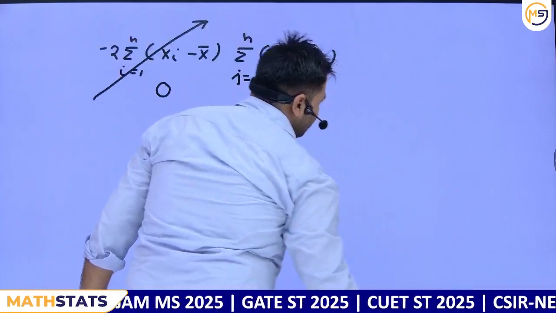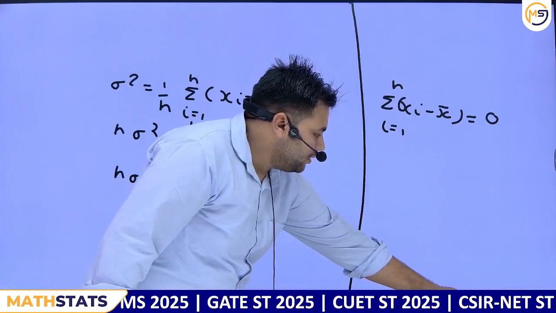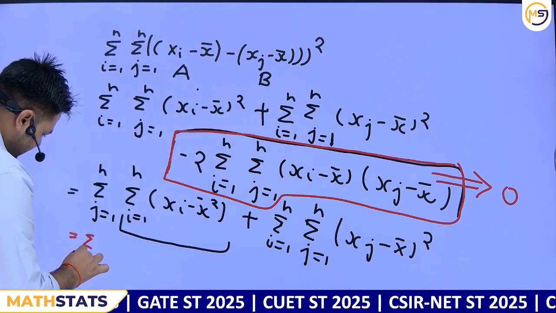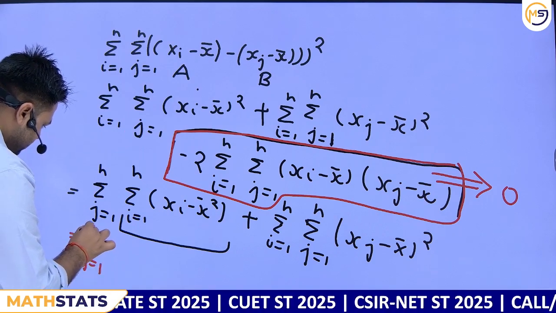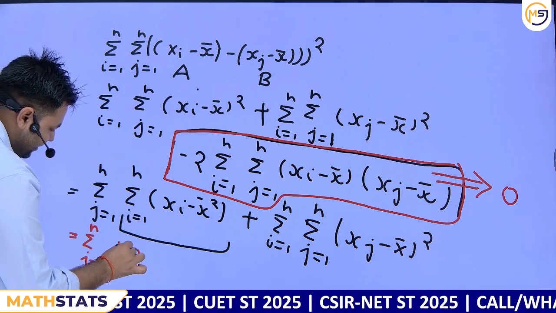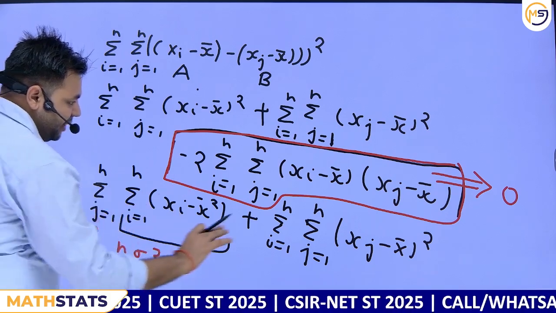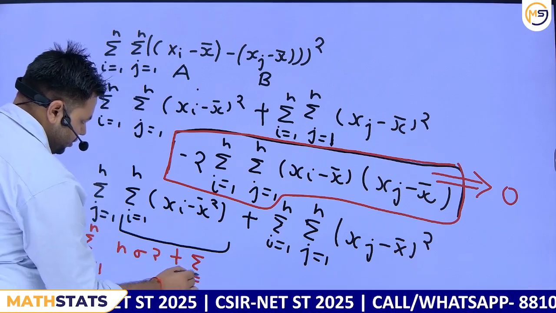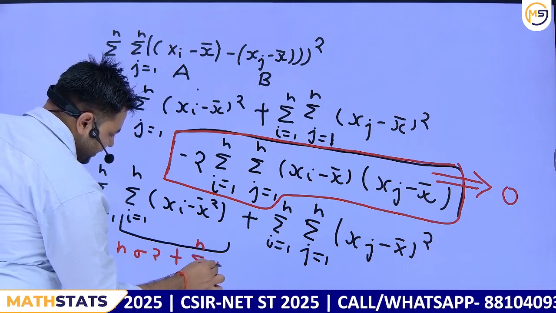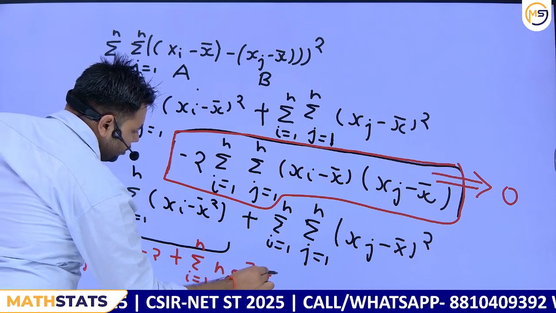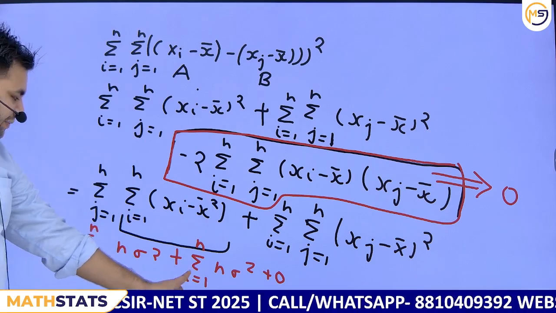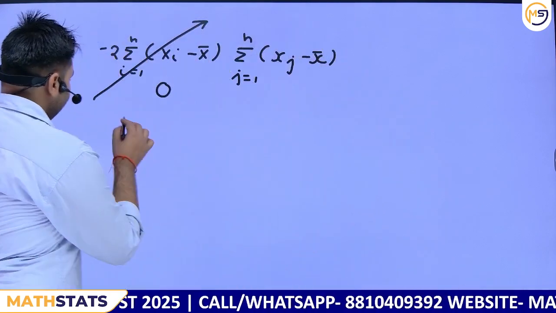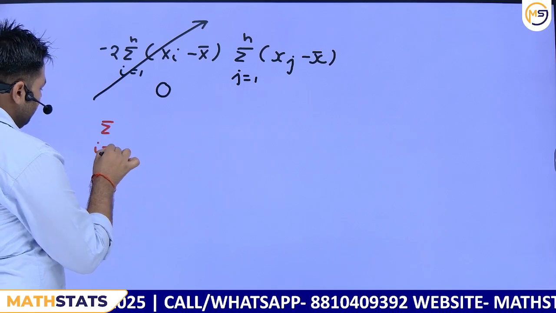Now understand. The first term here, if I put the value, this is summation j equal to 1 to n, which is n sigma square. This quantity's value is also n sigma square. So this is summation i equal to 1 to n sigma square, and then 0. You will get summation i equal to 1 to n and summation j equal to 1 to n.